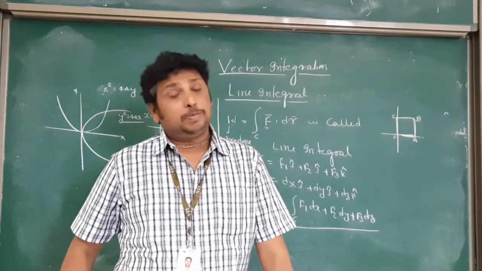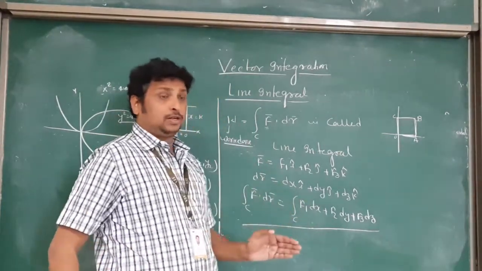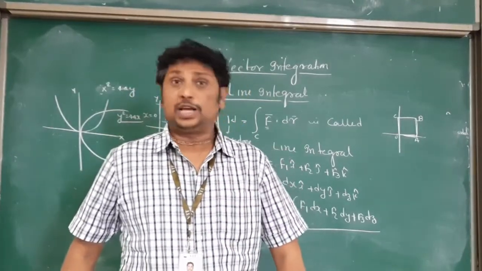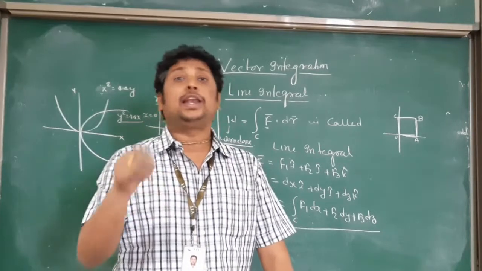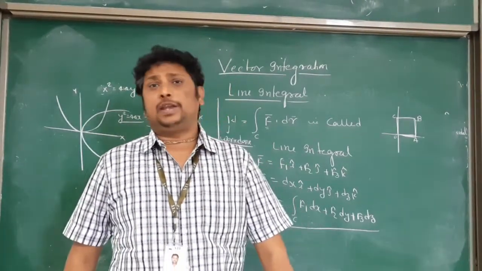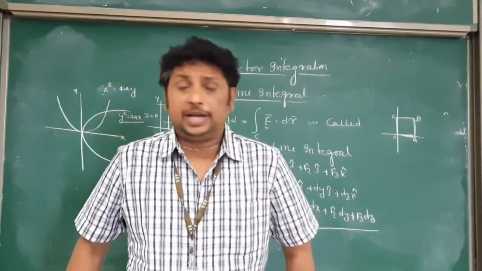So remember, once f dot dr is written or given, draw the curve first. Draw the curve and see how many lines are there. If there is a single line, then it is very simple. Convert everything into one variable and integrate it.